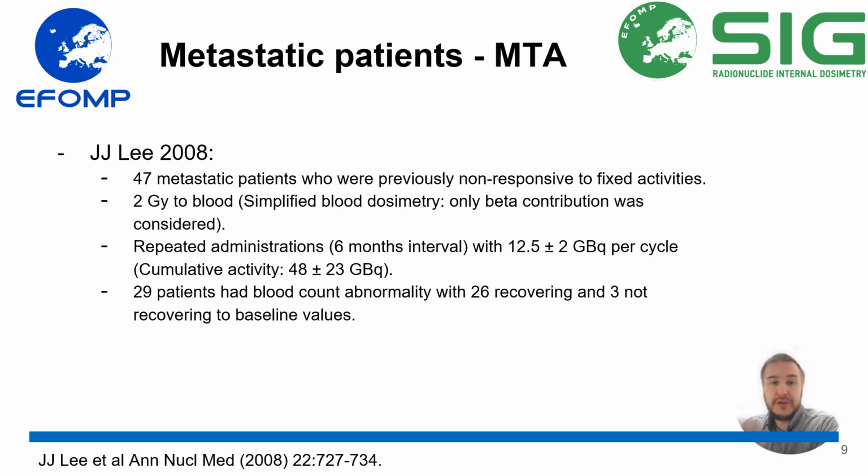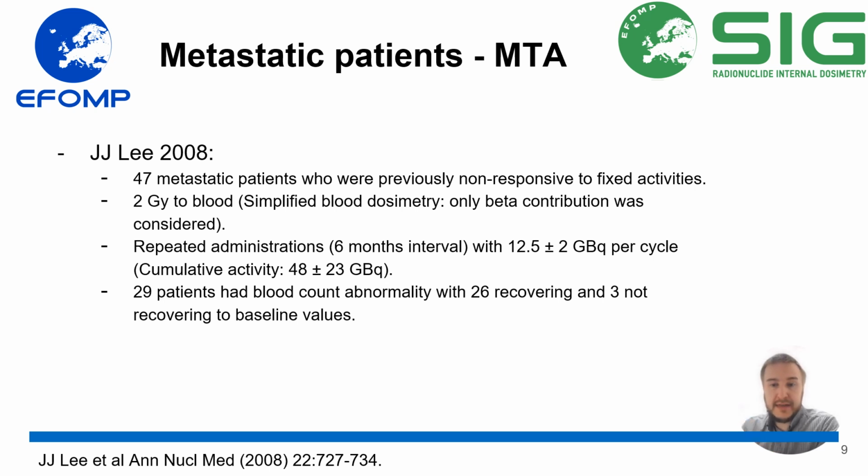And this was 47 metastatic patients that had previously been non-responsive to fixed activities. They were now given activity based on the MTA approach. And you can see there in the graph that those patients that previously had been non-responsive to fixed activities, a large proportion of them had either complete remission, partial remission, or stable disease, and only very few had disease progression.